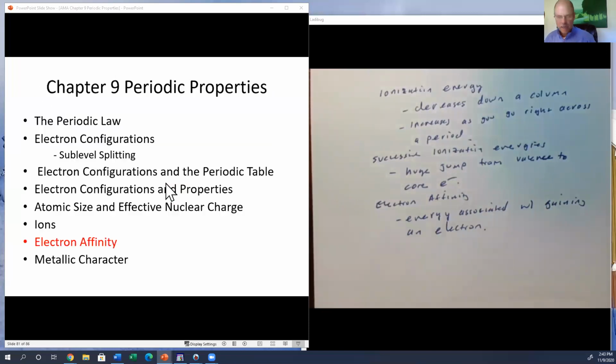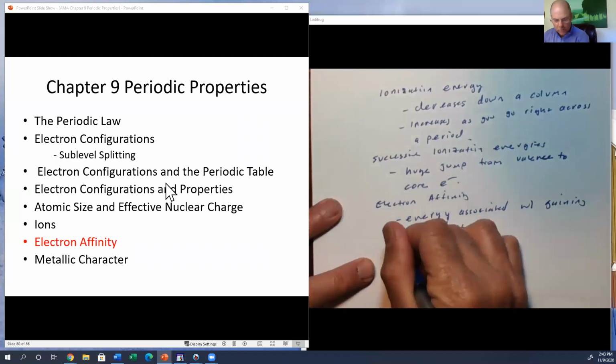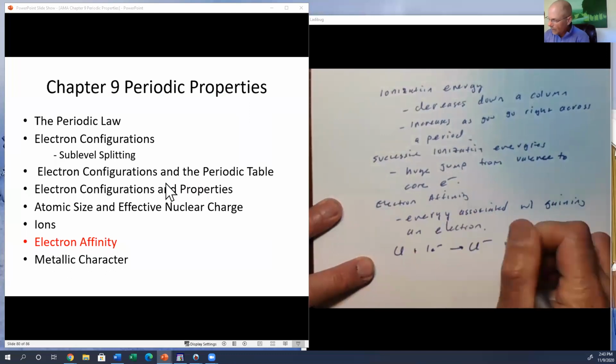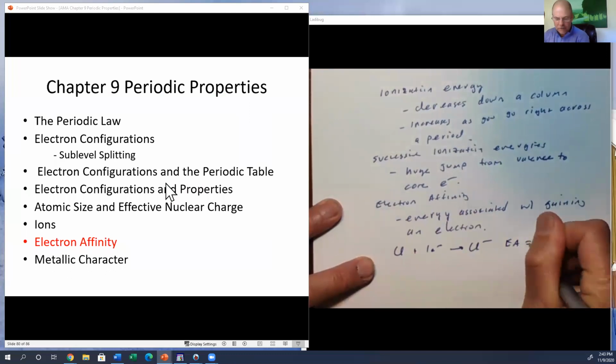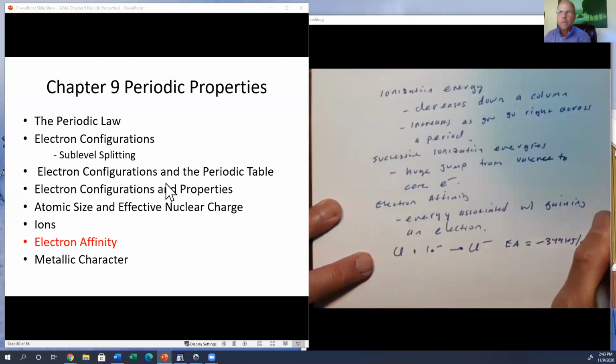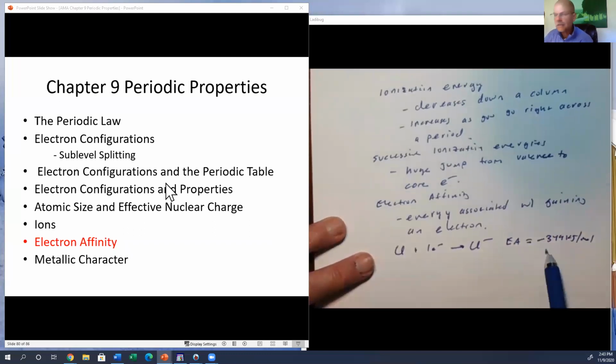First of all, electron affinities tend to be negative. So for example, chlorine plus 1 electron goes to Cl minus. Electron affinity is negative 349 kilojoules per mole. So is this exothermic or endothermic? Exothermic, right. It gives off heat.